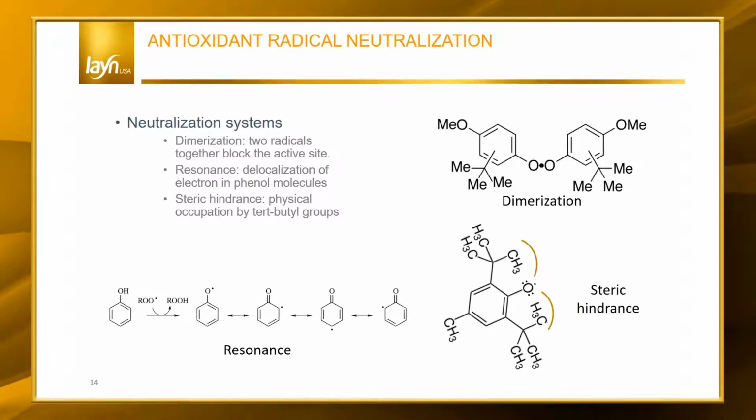A third system is steric hindrance. The tert-butyl groups of BHT create so little space to access the free radical that no molecule can get in, and therefore the free radical of BHT cannot interact with yet another fatty acid and proceed with the oxidation of the same.